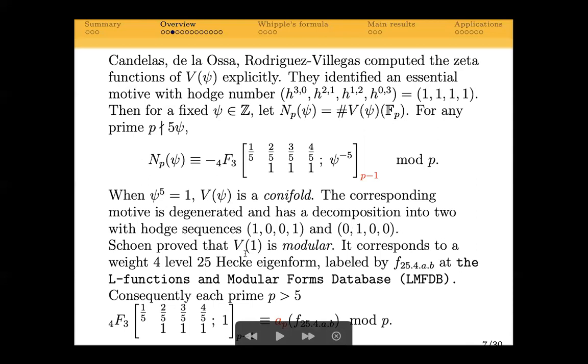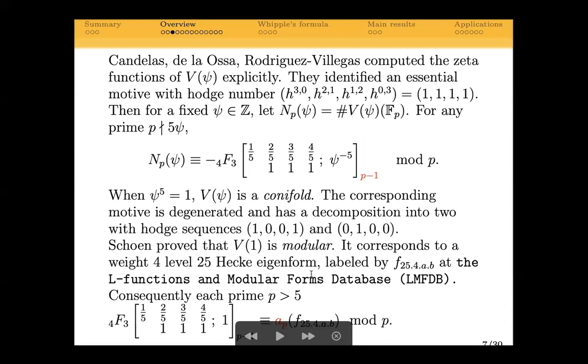When you pick psi to be an integer, for this case there's only one choice, which is 1. We also check that this corresponding algebraic variety defined over Q is modular, in the sense that if you compute the Galois representation arising from the 2-dimensional piece of the third homology, it corresponds to the Galois representation arising from a weight 4, level 25 Hecke eigenform.